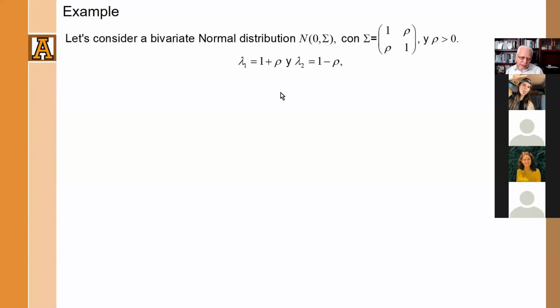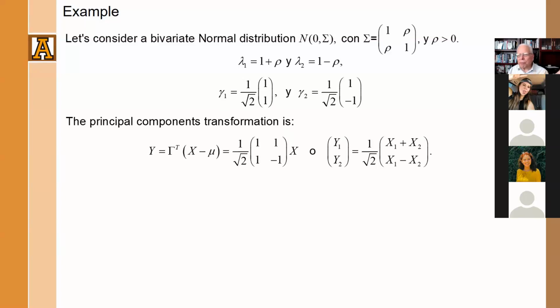Then from this matrix, we can obtain the eigenvalues. Lambda 1 will be equal to 1 plus rho, and lambda 2 will be equal to 1 minus rho. These will be the eigenvectors, okay? Again, the 1 over square root of 2 is only standardizing. This will be the two eigenvectors, gamma 1 and gamma 2.